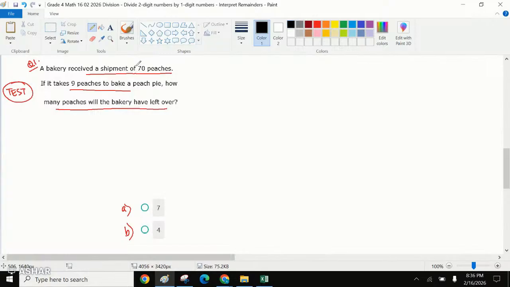We know that they had 70 peaches, 9 peaches to bake each. 70 divided by 9.